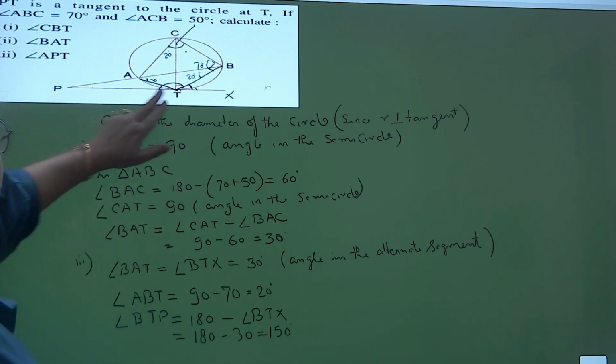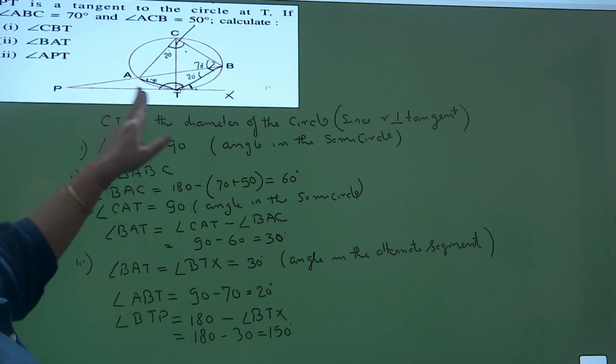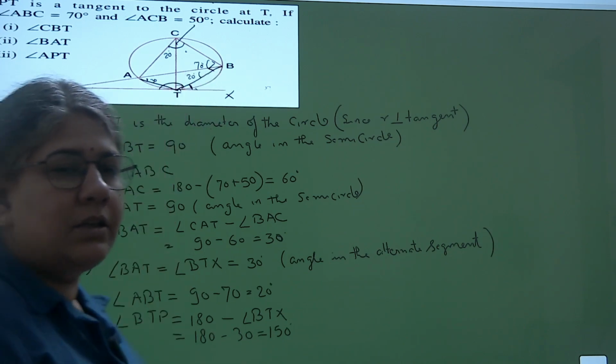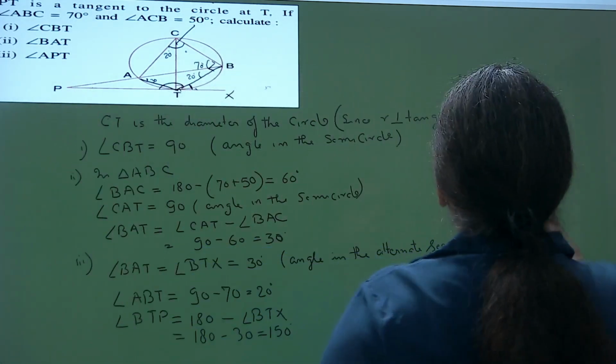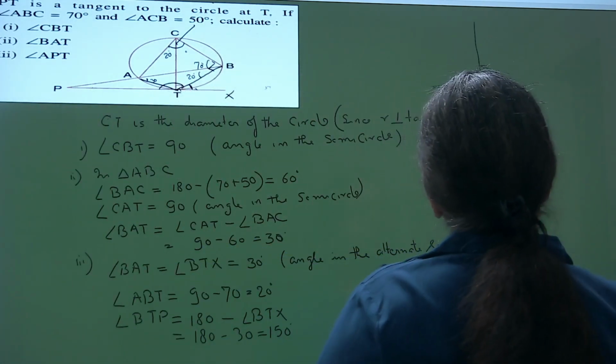Now in triangle BPT, using the angle sum property, we can find the third angle.